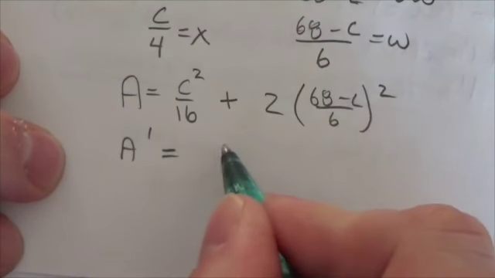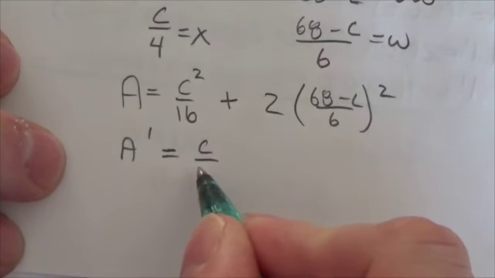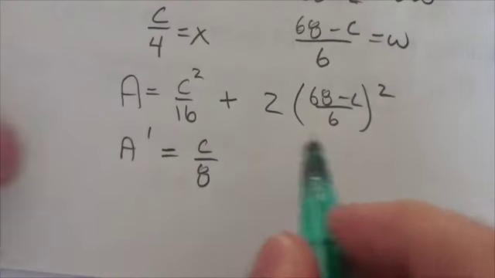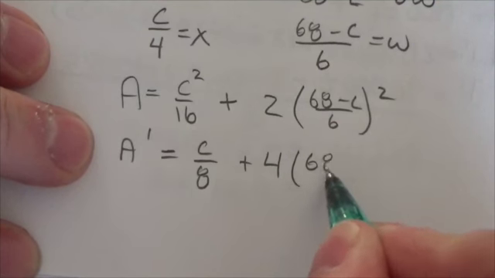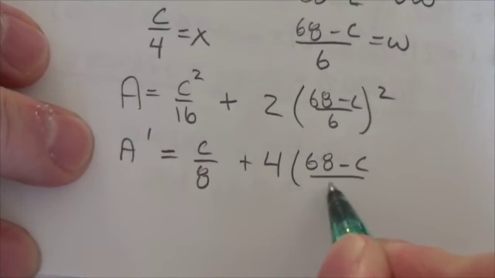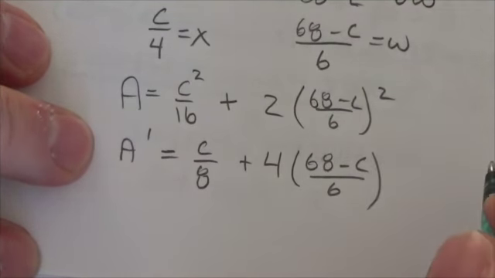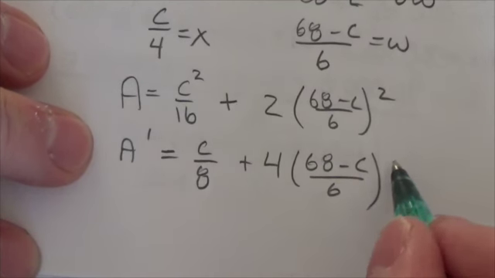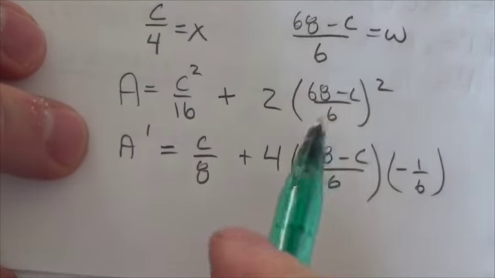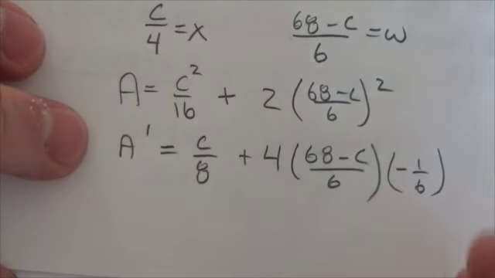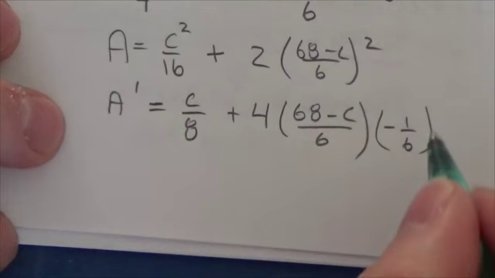That will end up being C over 8, plus 4 times 68 minus C, all over 6, and I will multiply by negative 1/6 when I multiply by the derivative of what's inside there. And so there we go.